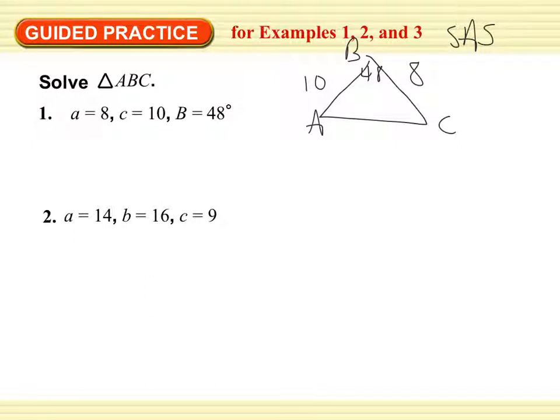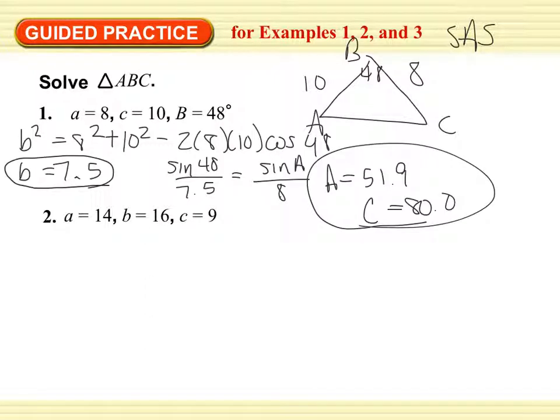Push pause. All right, there is the first one. Solved triangle ABC. Now let's look at triangle 2. It looks like I have side, side, side. A, B, C. So crossed, I've got 14, 16, and 9.